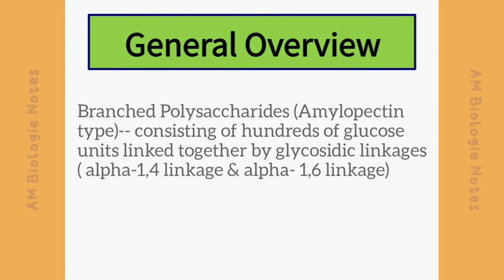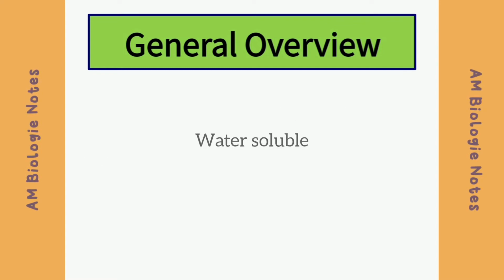Glycogen is a branched polysaccharide consisting of hundreds of glucose units linked together by glycosidic linkages, that is, alpha 1,4 linkage and alpha 1,6 linkage. Glycogen is soluble in water. Glycogenesis is an anabolic process that requires energy.